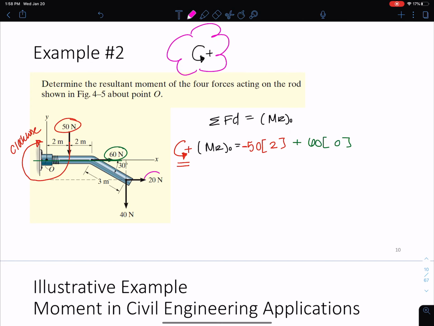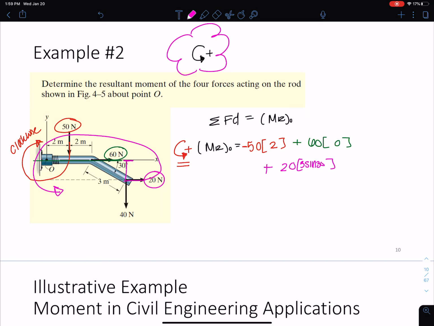Next one I'm going to work on is the 20, and I'll do that one in pink. So I have 20 times 20's moment arm, but is the 20 going to be positive rotation or negative rotation? So I'm going to take the 20, rotate about point O. This is giving me a counterclockwise, so I'm going to say positive 20. The moment arm there is going to be 3 sine 30. Right? Because I need to get this distance here.